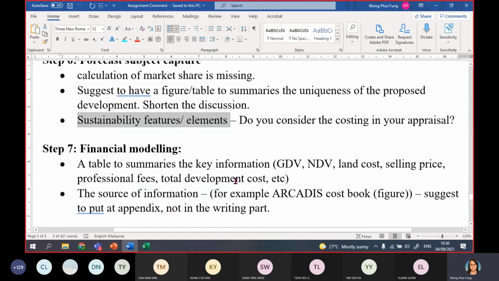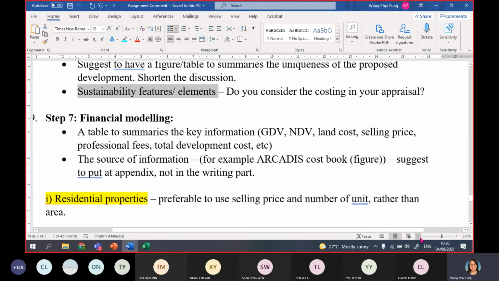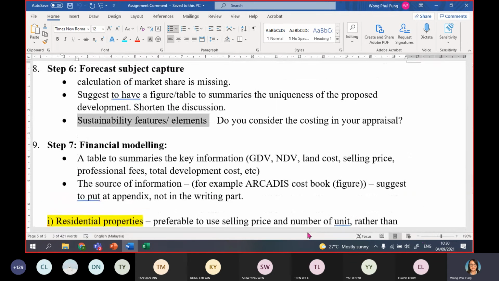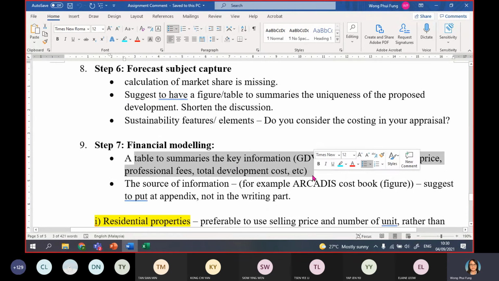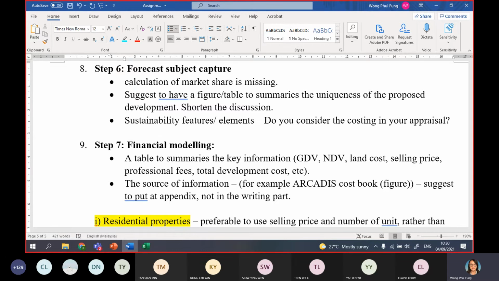Okay. Come to step 7, which is about the financial modeling. I forget whether any group missed this one or not, but I will just say again, a table to summarize some of the key information will be a good point.